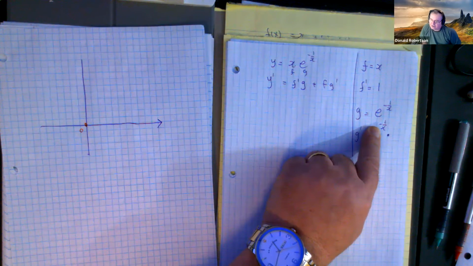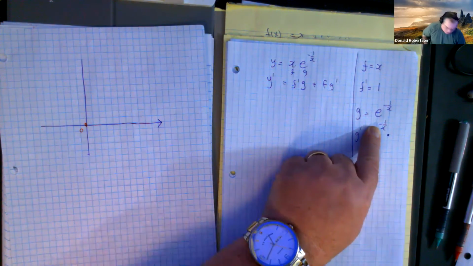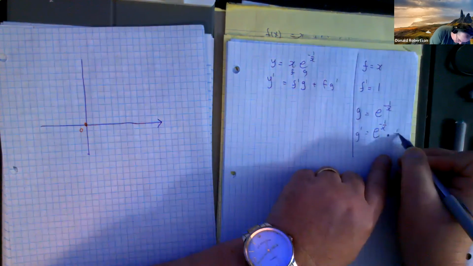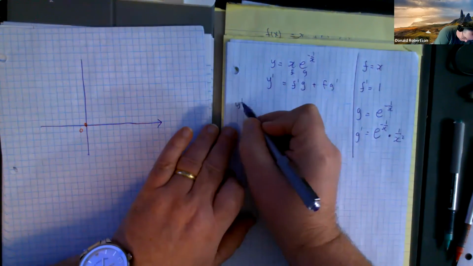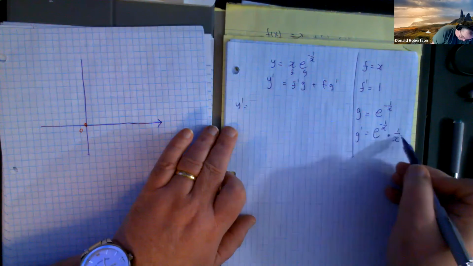If you had to differentiate negative 1 over x, you would call it x to the power of negative 1 and do it. If you just trust me, it ends up being that guy. So if you differentiate this, you get that guy.